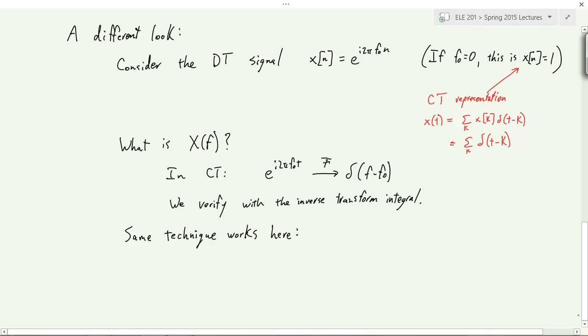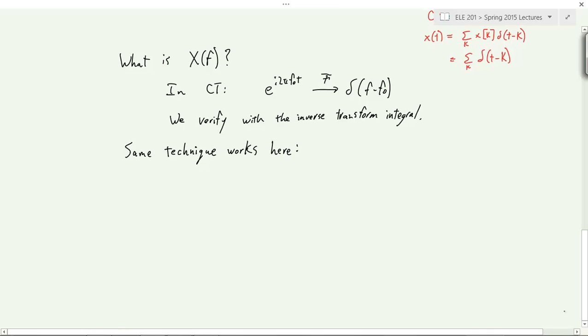So what that means, though, is that this relationship will still hold. In other words, we know that if we integrate a delta function, delta of f minus f naught, at some location f naught, this should equal just e to the i 2 pi f naught n, as long as that delta function is within the interval.